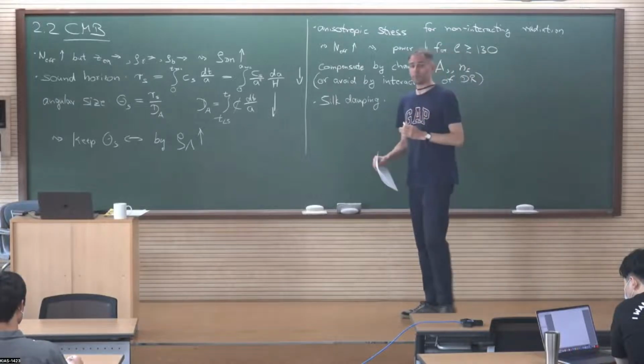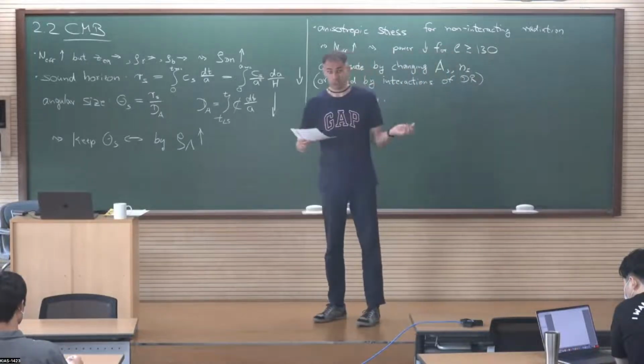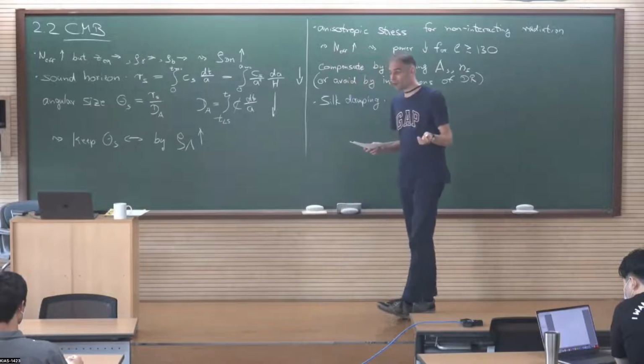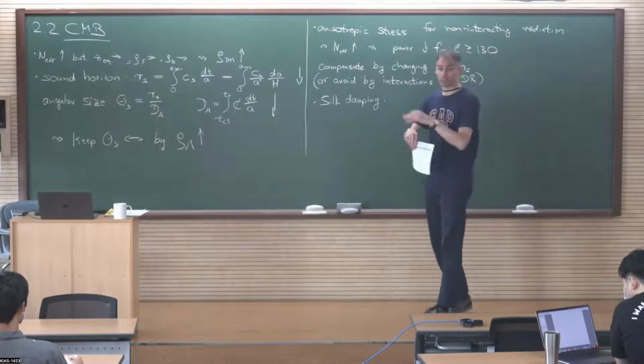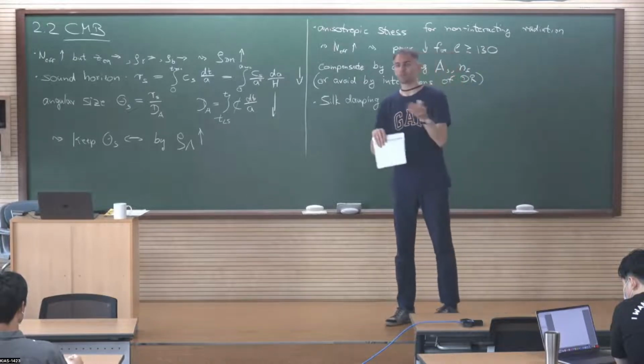That's again a suppression of power in the microwave power spectrum, because photons can diffuse and therefore they will smooth out inhomogeneities within their mean free path.